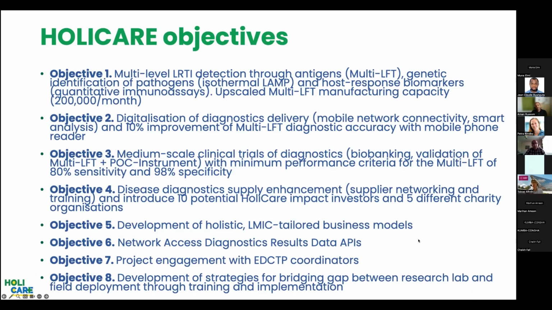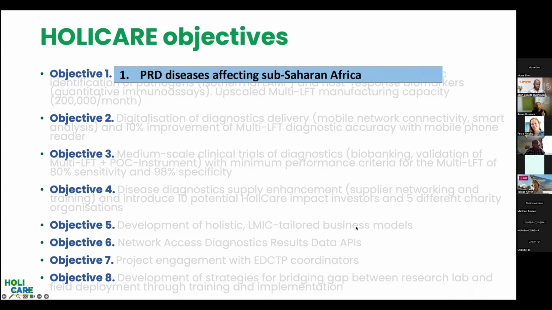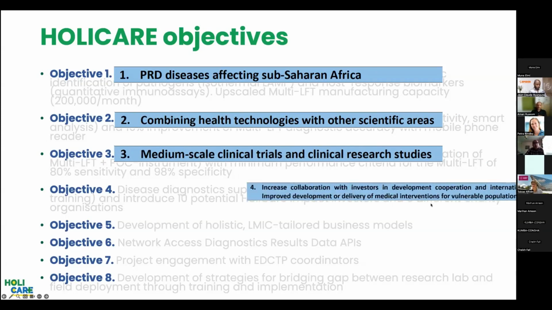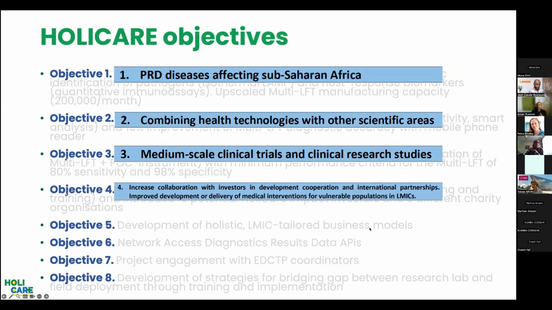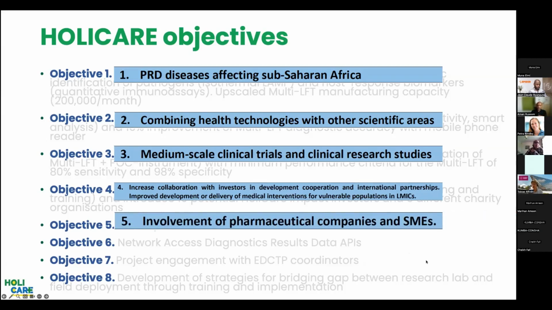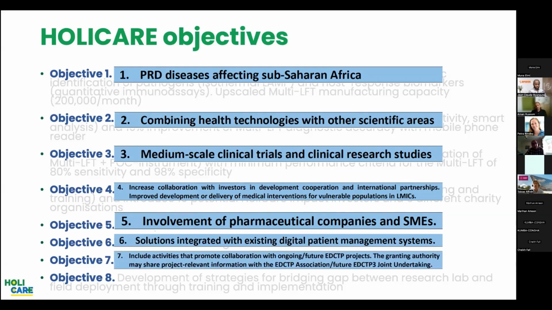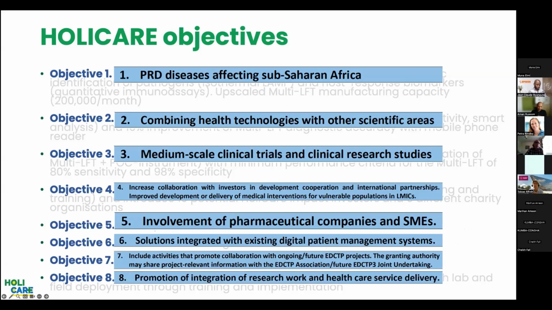So all those projects in a nutshell are delivering a focus on poverty-related diseases in sub-Saharan Africa, combining health technology with other scientific areas, medium-scale clinical trials and clinical research studies, increased collaboration with investors, developing cooperation with international partnerships, involving pharmaceutical companies and other SMEs, solutions integrated with existing digital patient data management systems, and also promoting collaboration with other funded projects by sharing project relevant information, in order to maximize the outcome of the other parallel programs.